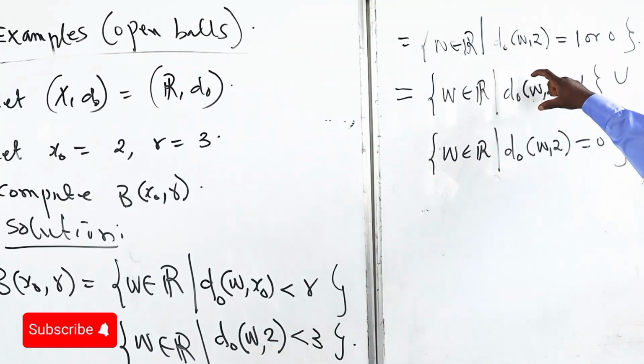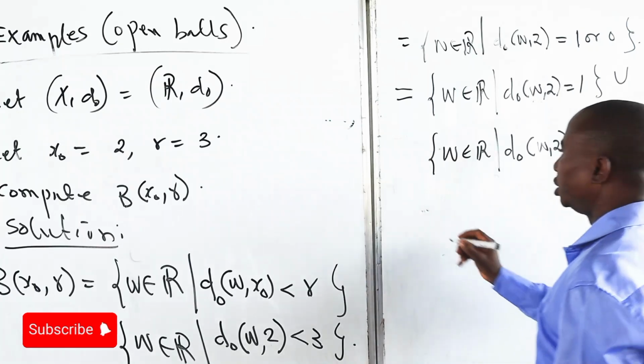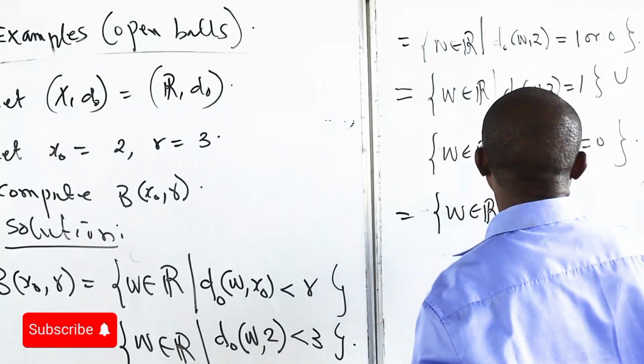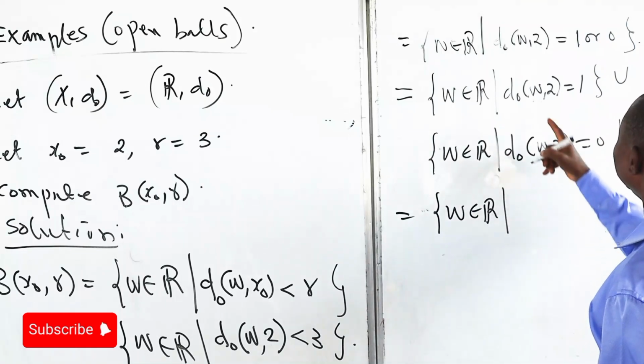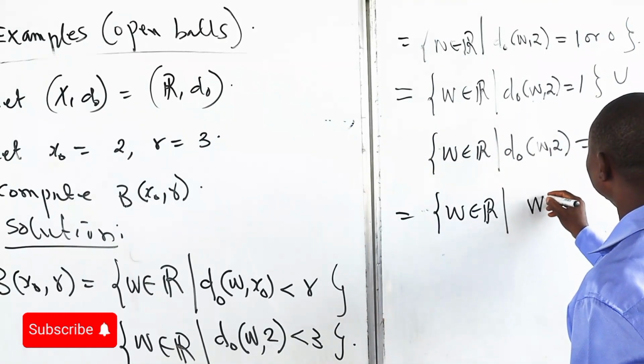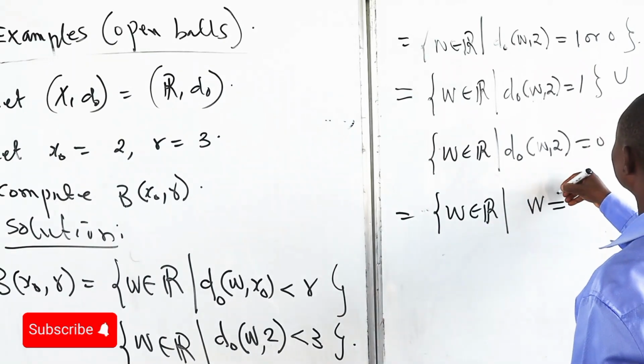Now, if d naught of w, 2 is 1, what does it mean? This is all w in R such that w is not equal to 2.